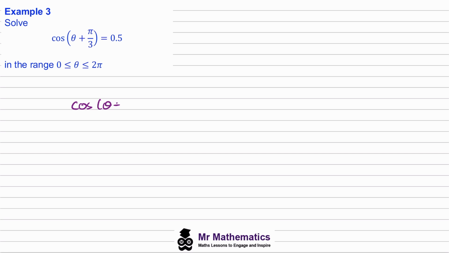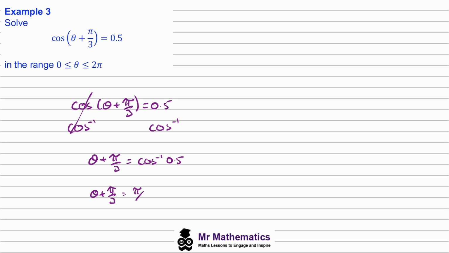So we need to take the arc cos of both sides. And then these two will cancel. So we're left with theta plus pi over 3 will be the arc cos of 0.5. So theta plus pi over 3 will be pi over 3.